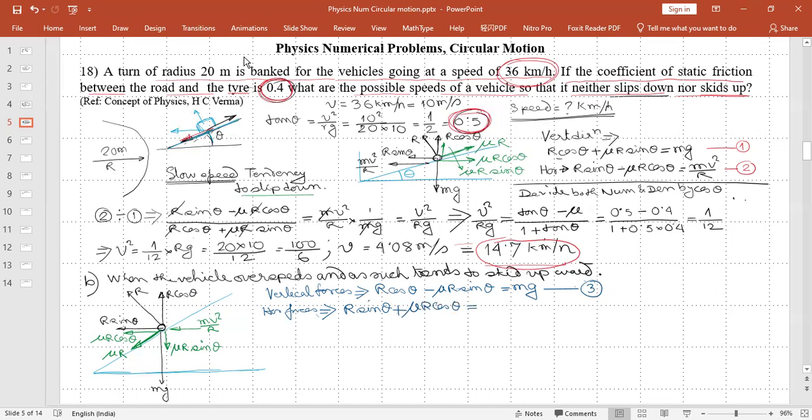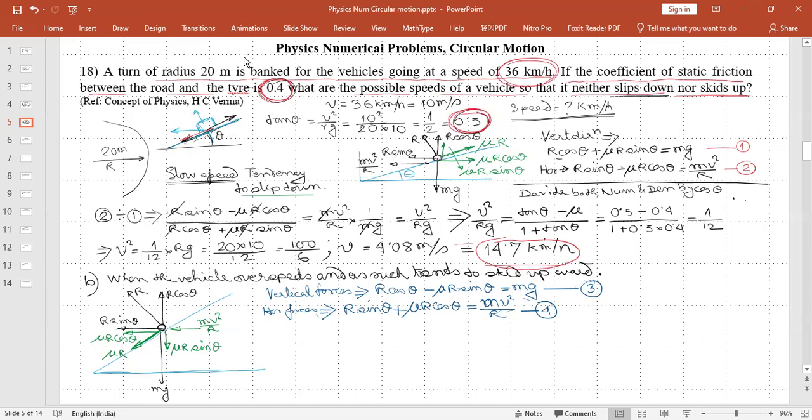Together they will give the centripetal force mv square by r. Say this is equation 4. Now, the remaining part of solving this is exactly as before. So I don't want to waste your time by doing it once again.